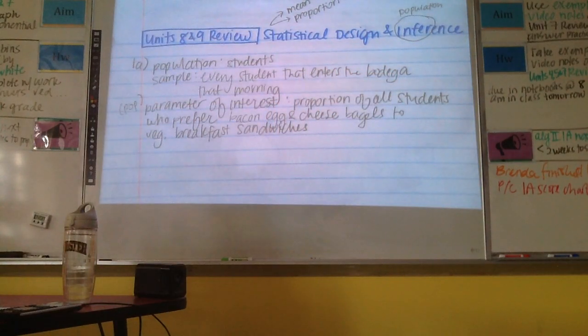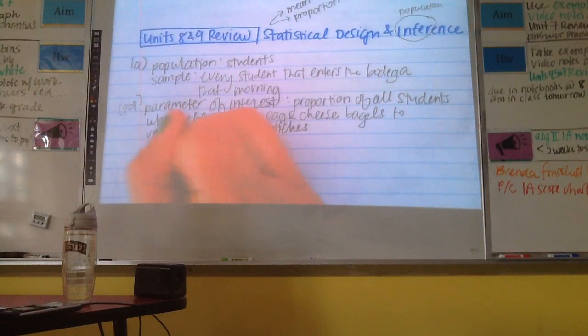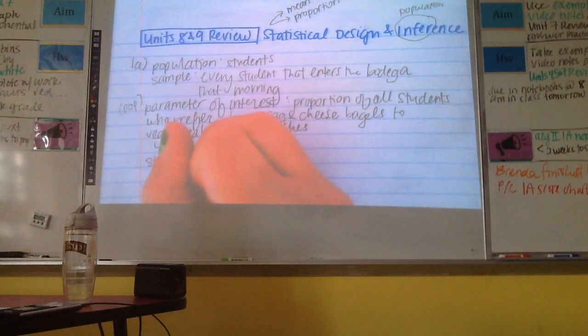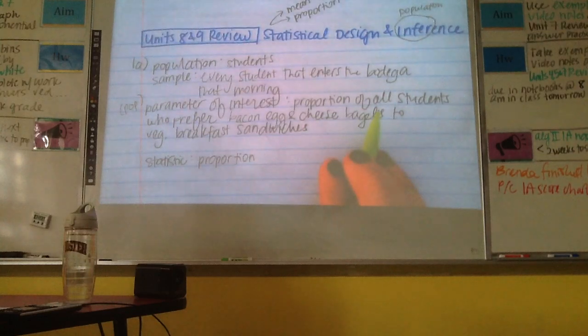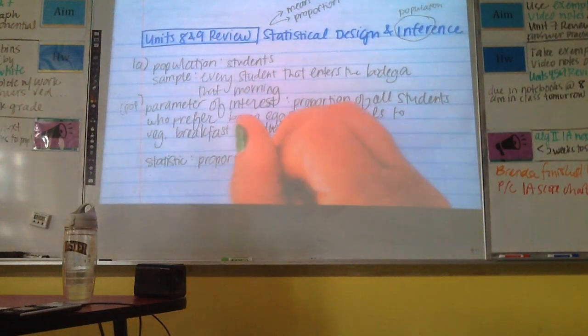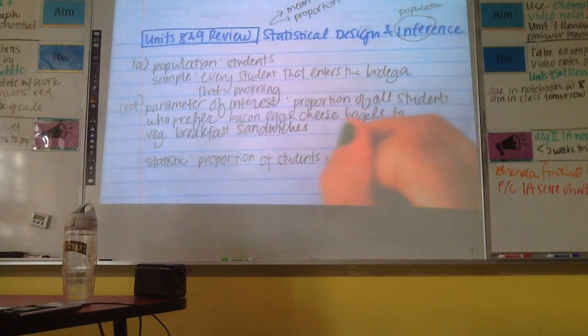Now, this question didn't ask us for a statistic, but if it had, the statistic really closely mirrors the parameter. Both would have to be proportions, but instead of being about all students coming from the population, the statistic would be the proportion of students who entered the bodega that morning.